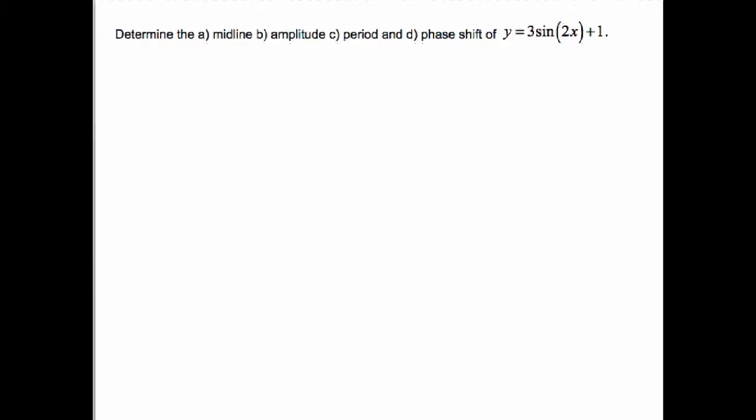We want to determine the midline, amplitude, period, and phase shift of y equals 3 sine of 2x plus 1. Well, first let's look at a general form for a sine function, which is y is equal to a times the sine of bx minus c, plus d.